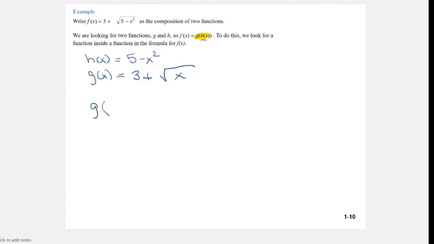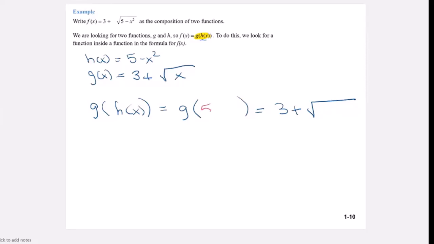g of h of x is equal to g of 5 minus x squared, which is equal to 3 plus the square root of 5. You know what? Let me do it in color. I don't know why, colors I think always really help.